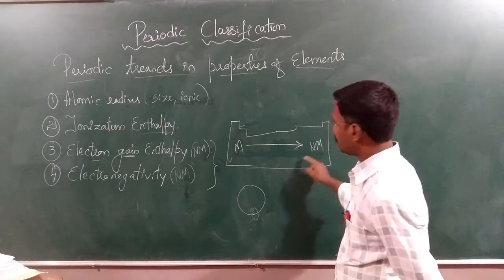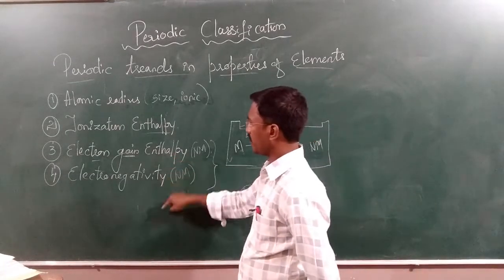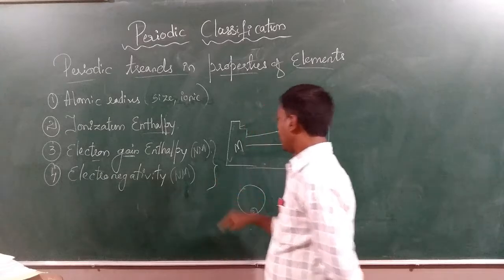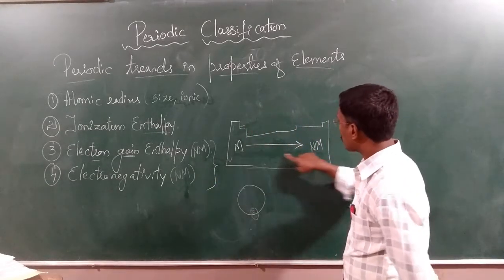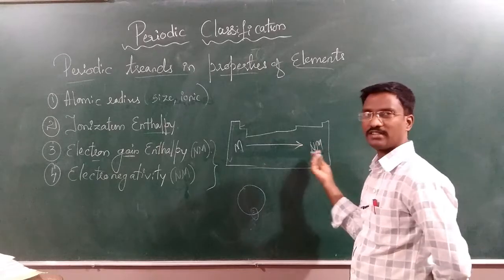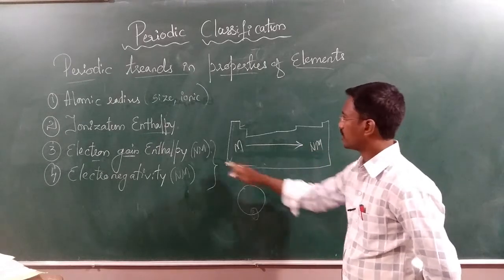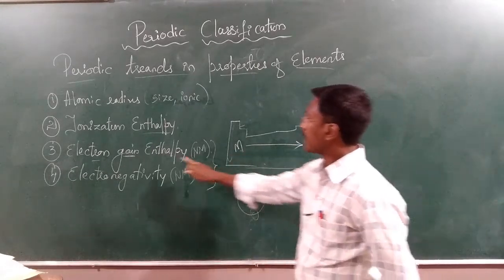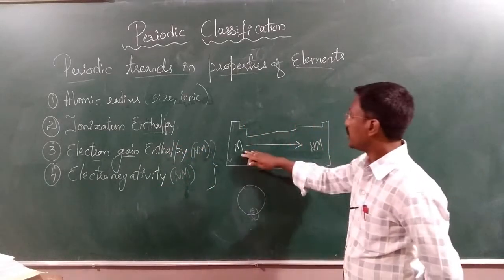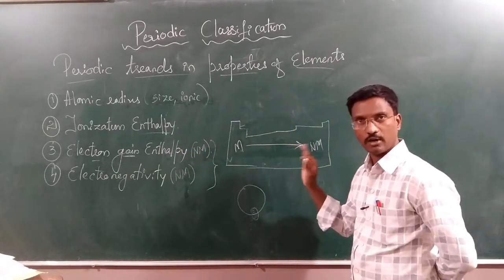So it means that both together, electron gain enthalpy and electronegativity, increase across the period because non-metals are at the right side. Non-metallic character is increasing. For that reason, across the period, electron gain enthalpy increases. Similarly, electronegativity also increases across the period. Are you getting the point?